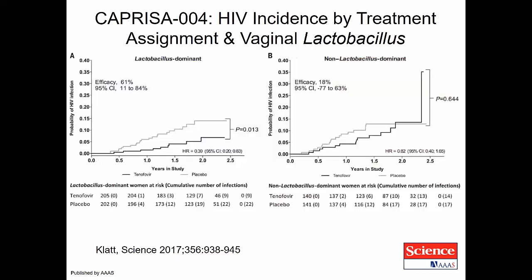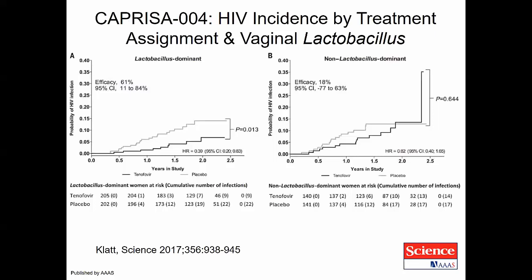But I will just point out a couple of things. If you look at the CAPRISA data, CAPRISA was a study of pericoital, so pre- and post-vaginal intercourse, tenofovir gel, which reduced the risk of HIV acquisition by about 37 to 40%. You go back and look at the protection afforded by that gel, and what you find when you break it down by the presence of lactobacillus in the vagina is that there's a difference.